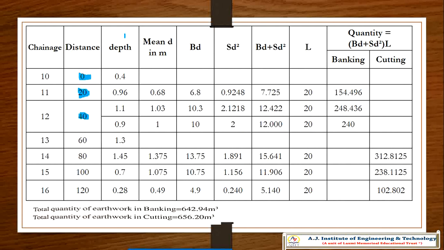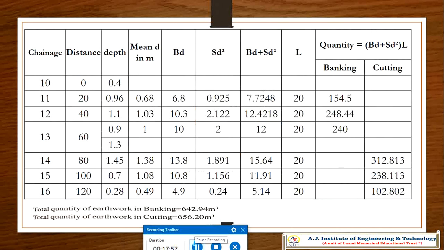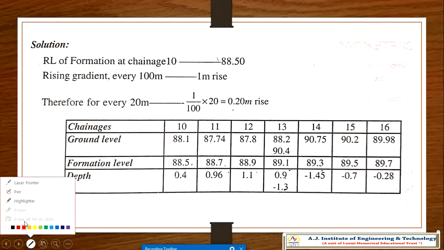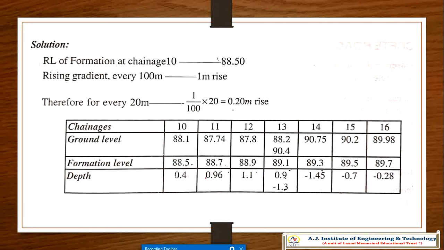Okay. For the calculation part, just to check here, we have depths 0.4, 0.96, 1.1, 0.9.